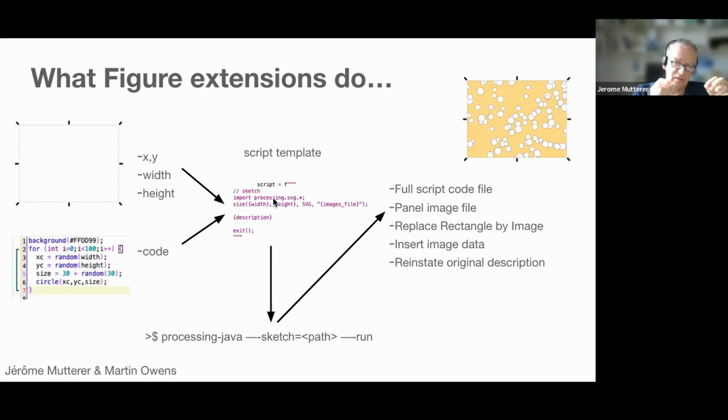Then it injects this into a script template so that the template has the right values for the position, size, and the code. Then a third-party software renders it. In this case, it's processing. And after that, the result of the script is included in the document. And this fills your figure panel.